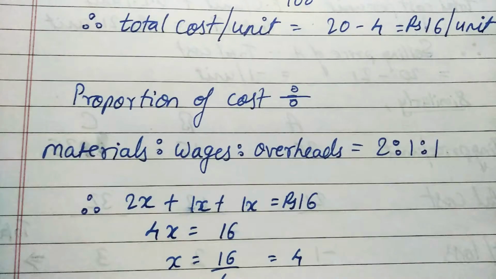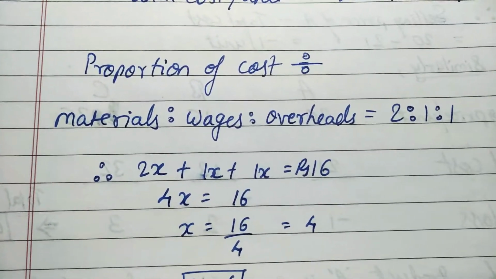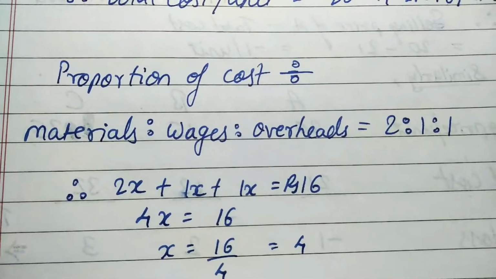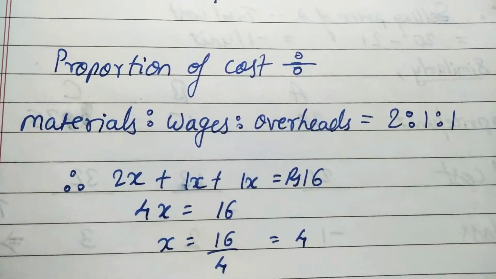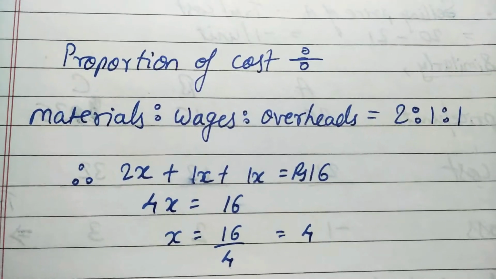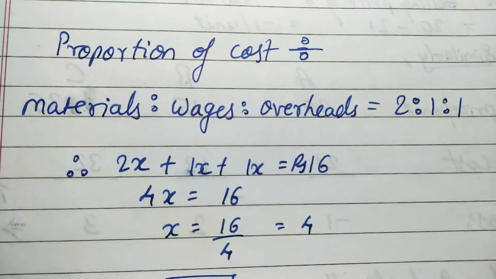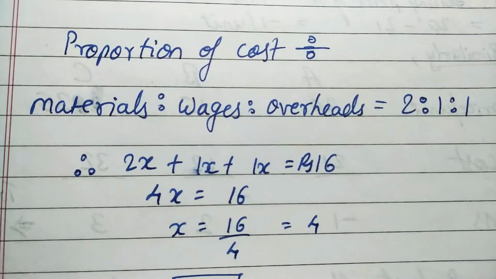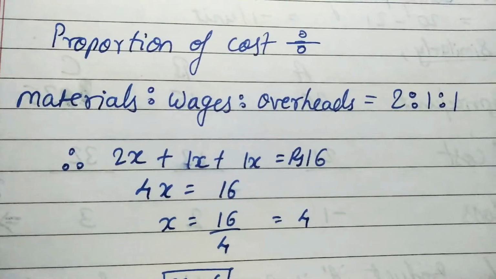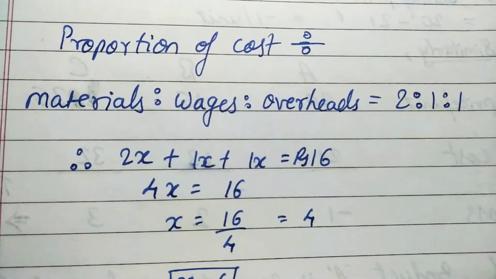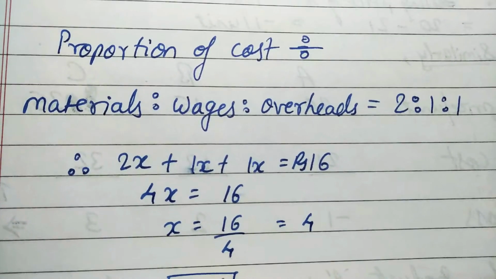Now this is the total cost. We need to calculate the per unit cost for materials, wages, and overheads. How do we do that? We have this proportion, materials to wages to overheads is 2:1:1. To convert that ratio into actual figures, let us take a common multiple called x. This is similar to the simultaneous equations we all have done in school. We multiply each number in 2:1:1 by x.